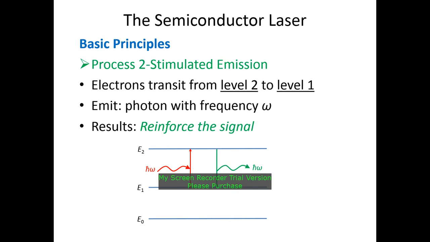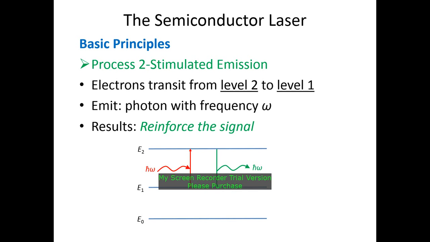Here, omega is equal to delta E over h bar, where delta E is equal to E2 minus E1. It's difficult to explain stimulated emission classically, but quantum mechanically it appears on the same footing as the absorption process. These two processes, absorption and emission, have the same probabilities of occurring.